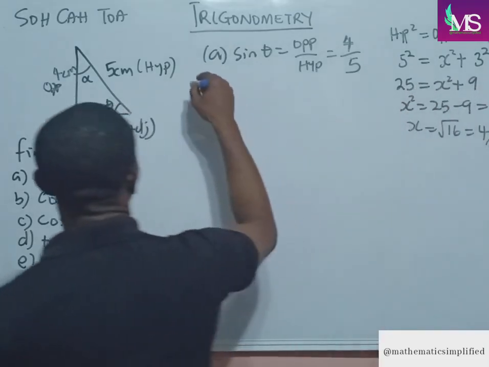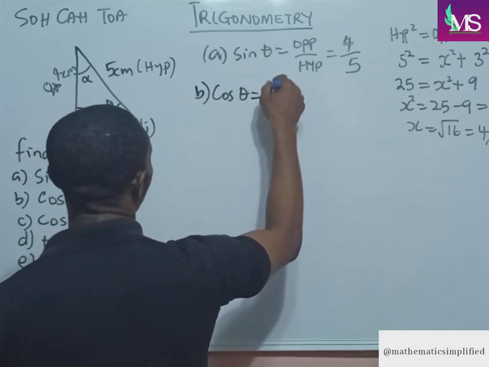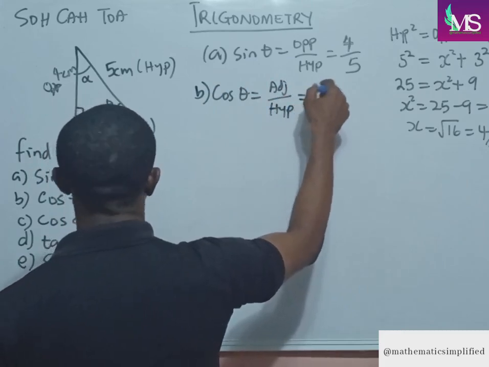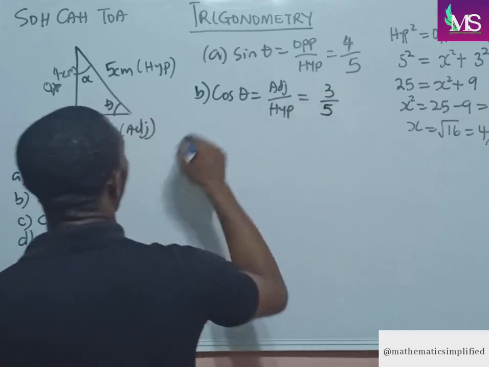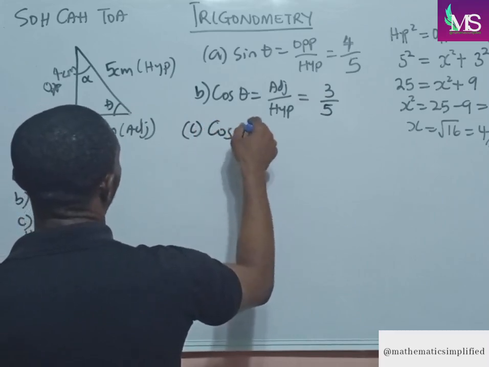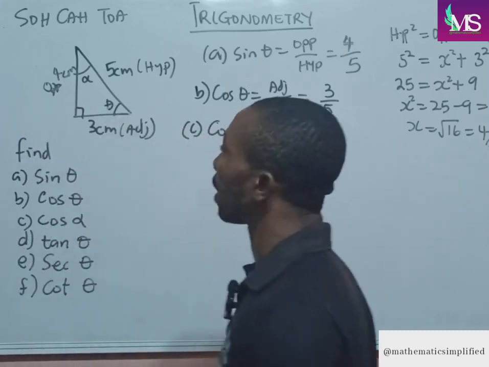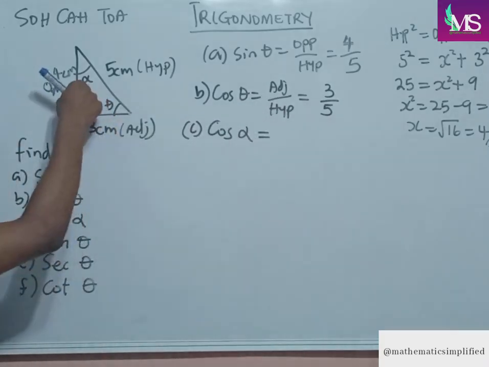Now to the next question, which says find cos theta. Cos theta is adjacent over hypotenuse. Adjacent is 3 and hypotenuse is 5. Next one says cos alpha. If we are looking at cos alpha, that means we are considering this other angle.